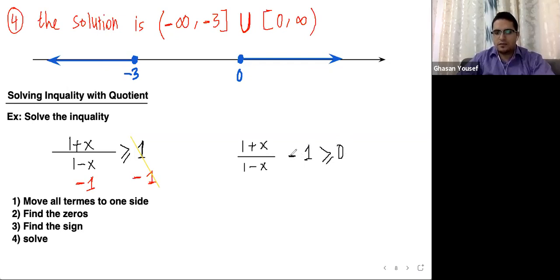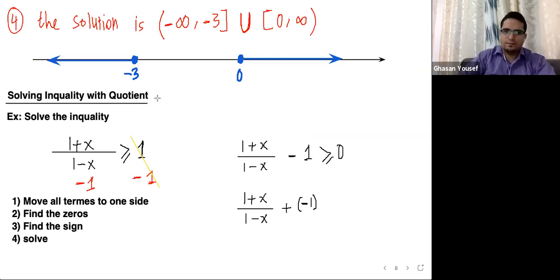So instead of writing minus 1, I make it easier: I write plus negative 1. Makes sense? And actually this is over 1. Anything is over 1.